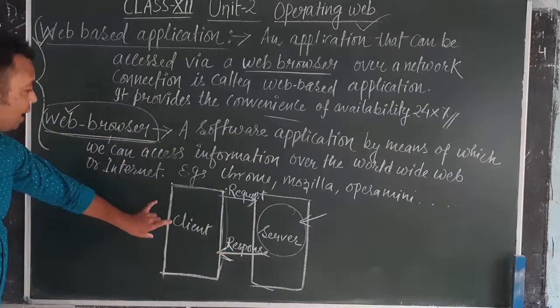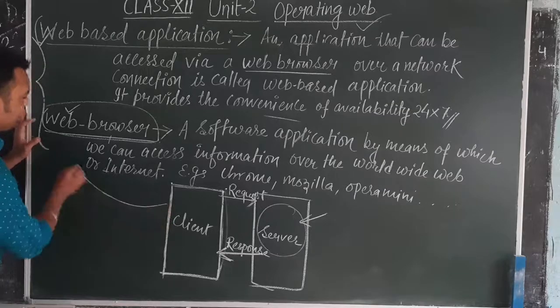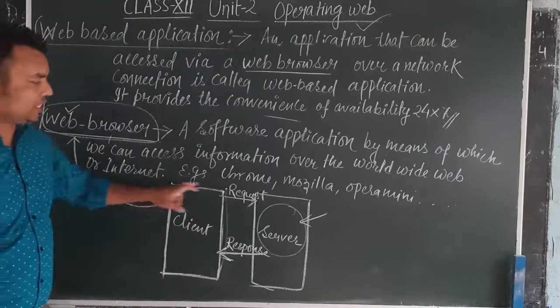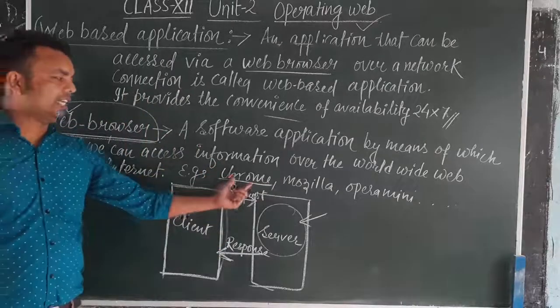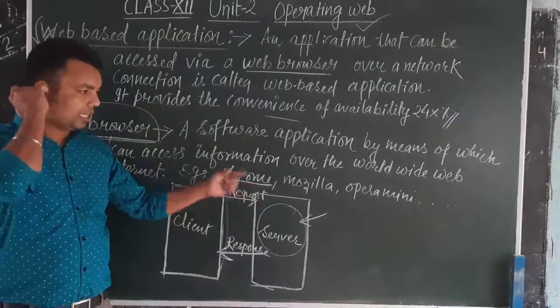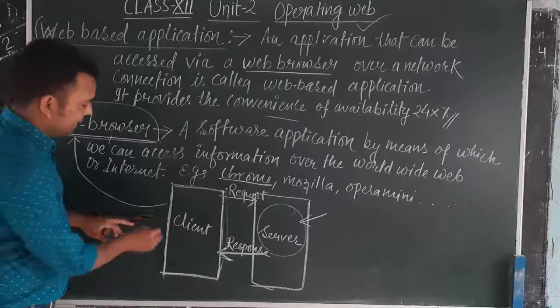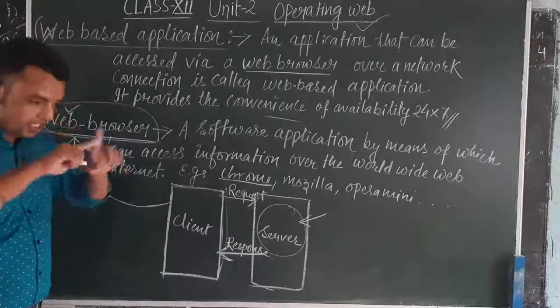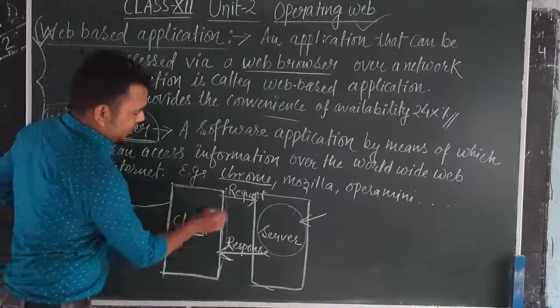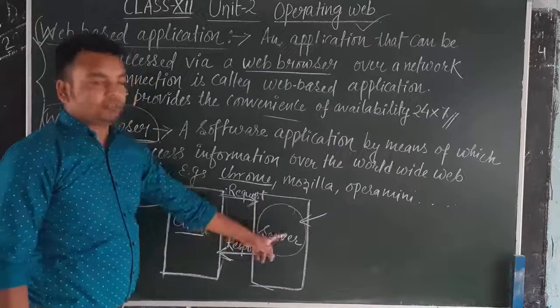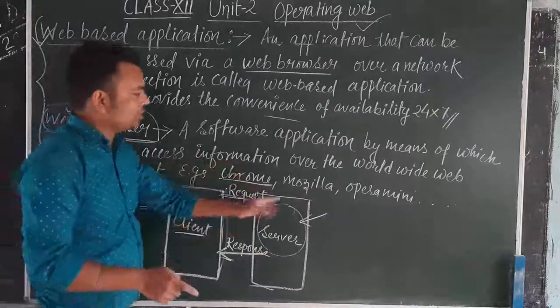Why is it important? Because once we place a request on, say, the Chrome browser, suppose I have typed a keyword on the Chrome browser and pressed enter, then automatically our client machine, by means of which we are placing the request, will send this request to the server. Server here means the World Wide Web.